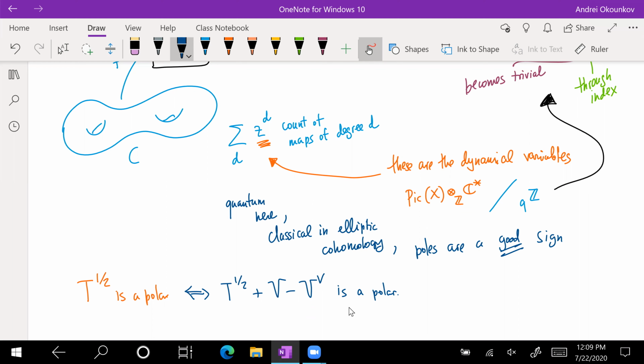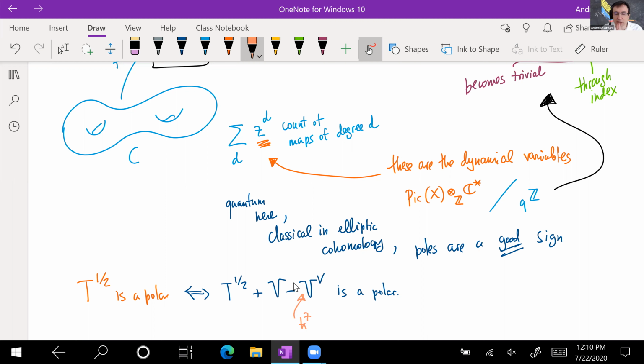But I can also take any character I want, like h to the 15 or h to the 7 here. That'll also be a polarization, but in terms of the theta bundle, it will have the same degree and some shift. So different polarizations means just a shift in those dynamical variables.